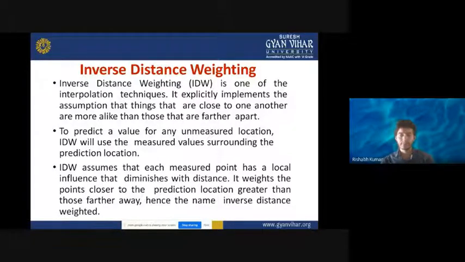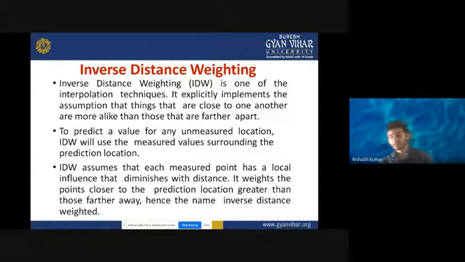We are representing the influence by the weight that is going to be given to a particular measured point. ओके, तो जैसे जैसे ये जो मेजर्ड पॉइंट का डिस्टेंस प्रिडिक्शन लोकेशन से दूर होगा उसको वेट कम दिया जाएगा. Why? Because उसका इन्फ्लुएंस कम होती जाएगी.